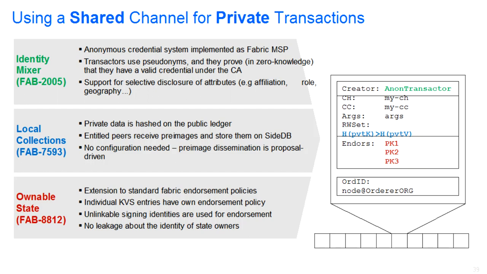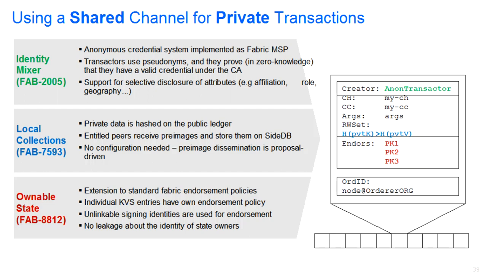So you know that when you put private data, you say put private data, name of a collection and name of a key. So when you create the chain code, you will define a collection that, say, you call local, and then you go about creating your ownable state as you do today. So the endorsement policy key will always be public because it has to be publicly known and publicly endorsable.